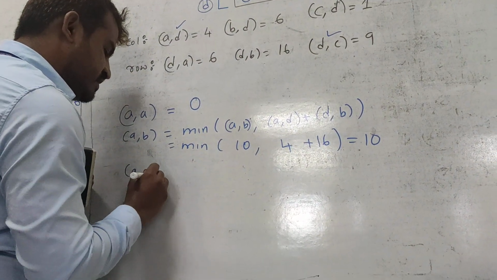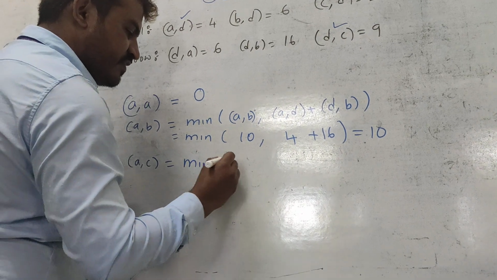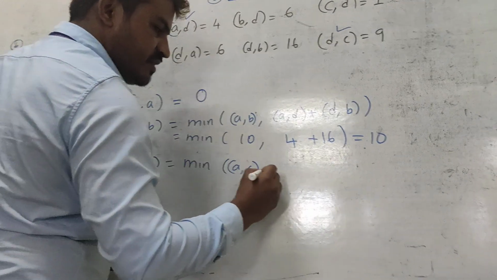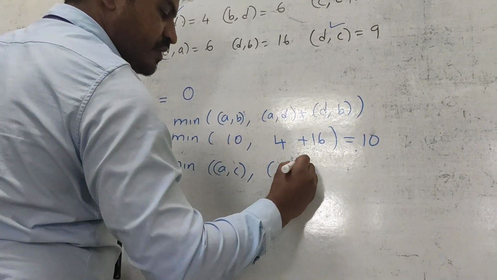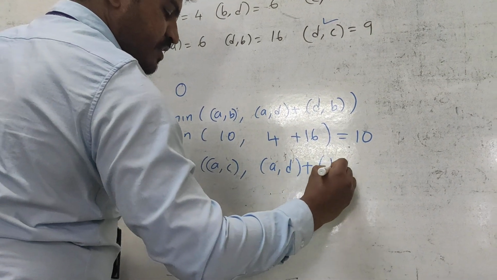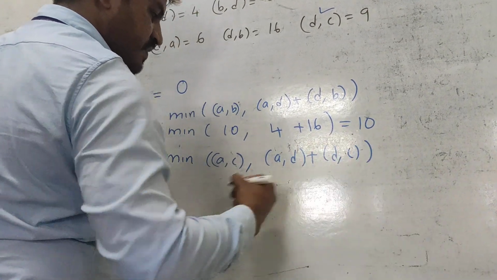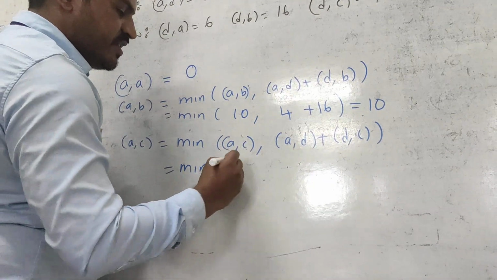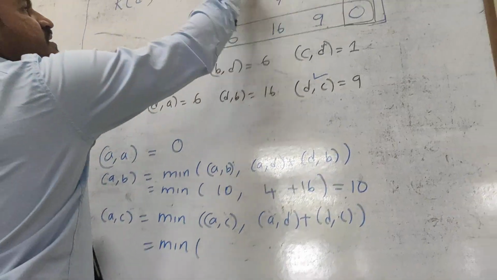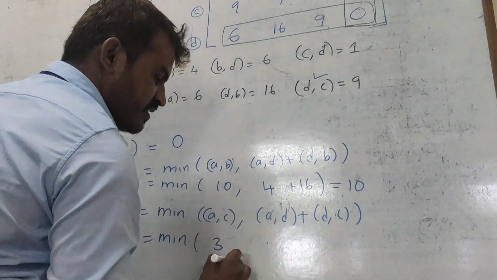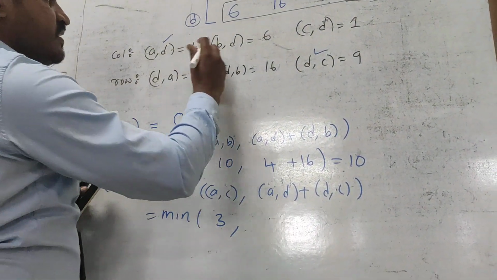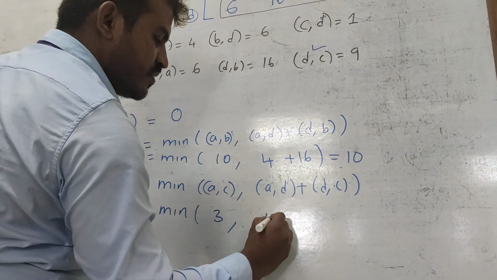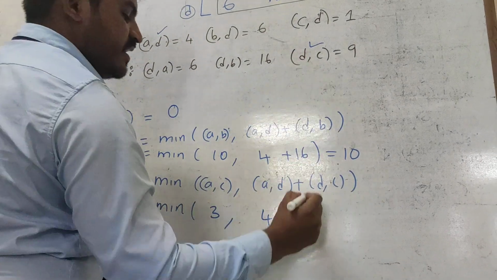A to C is the minimum of A to C, written as A to D plus D to C. If you consider, A to C is 3, A to D is 4, D to C is 9.